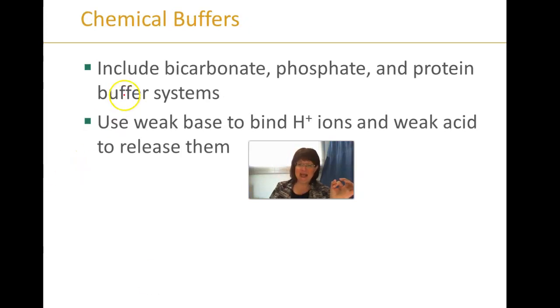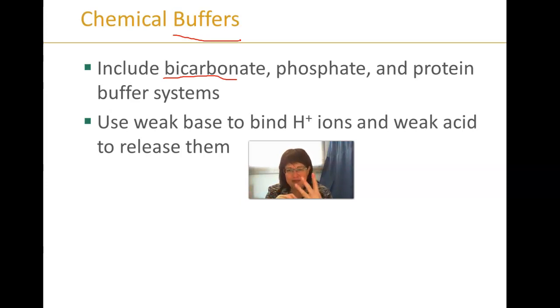And this is done by a bicarb, a buffer. So first off, let me describe what a buffer is. A buffer is a chemical system of usually a weak base and a weak acid that will bind to hydrogen or release hydrogen depending on how it's needed.